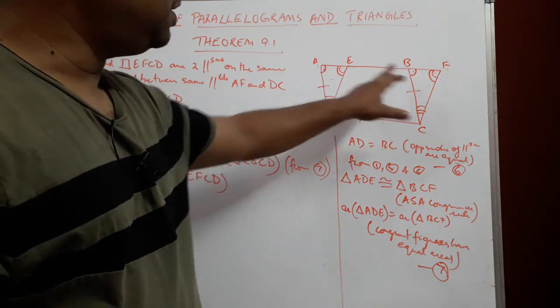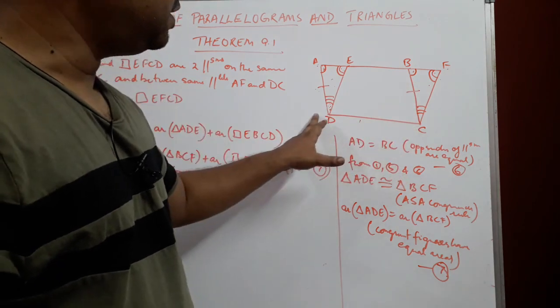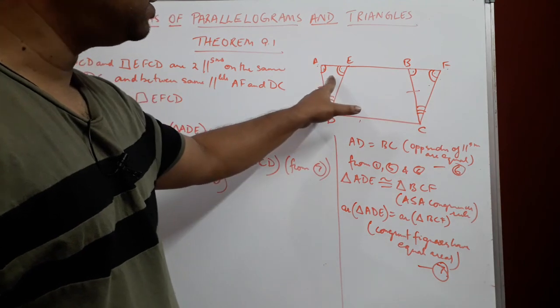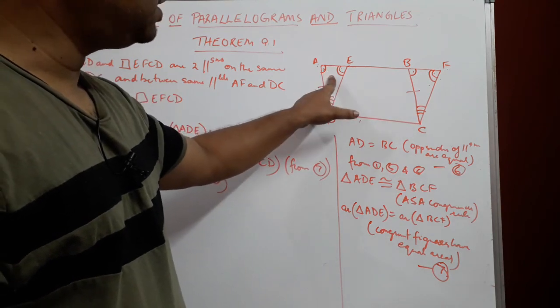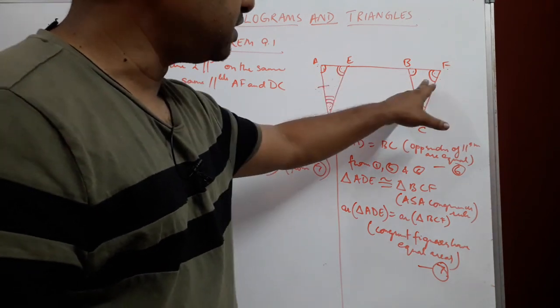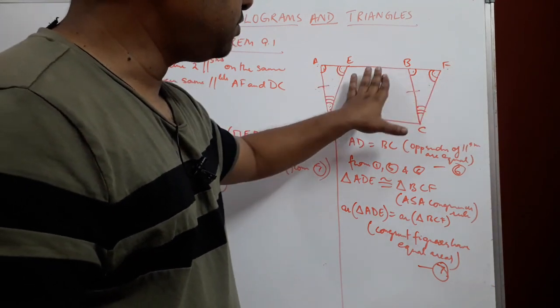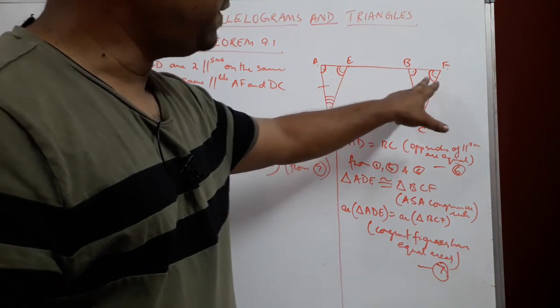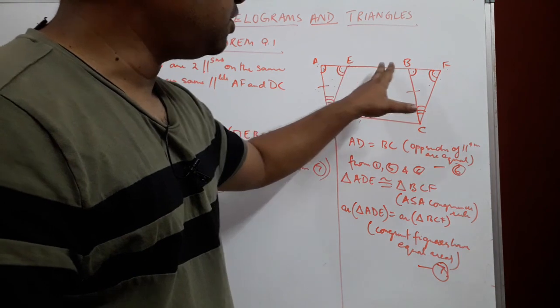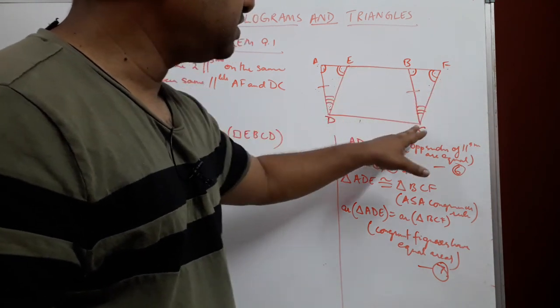We said ABCD is made up of this part plus this part, but we knew that this part is equal to this part, and so we replaced this part with this part. Now what remained was this remained the way it is, but we added this part. So this part plus this part gave us a new parallelogram, that was EFCD.